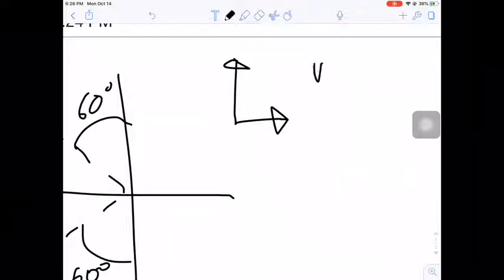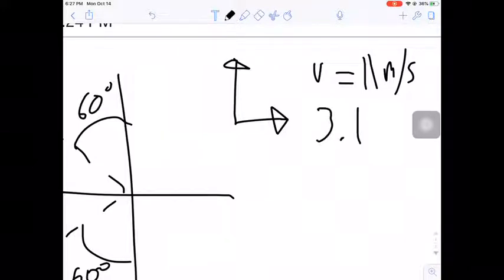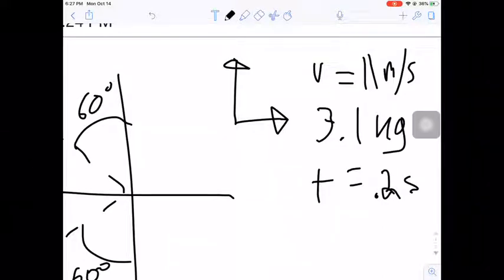We know that it is going at a speed of 11 meters per second, and it weighs 3.1 kilograms. And we know the time is 0.2 seconds.